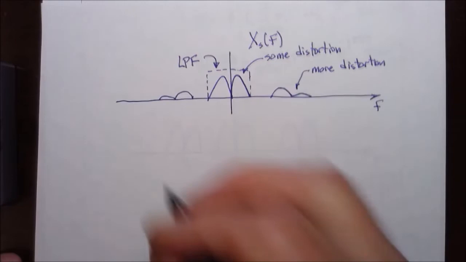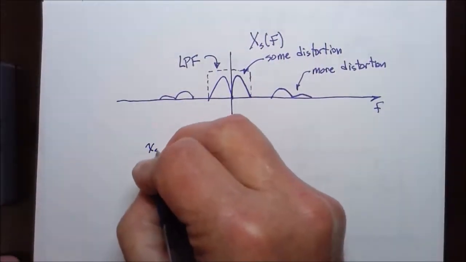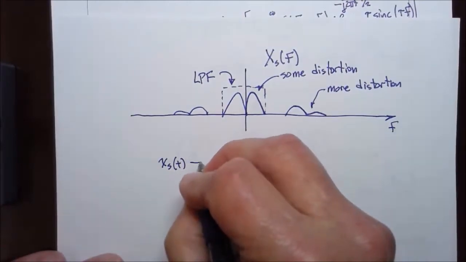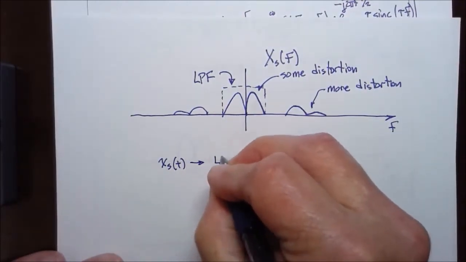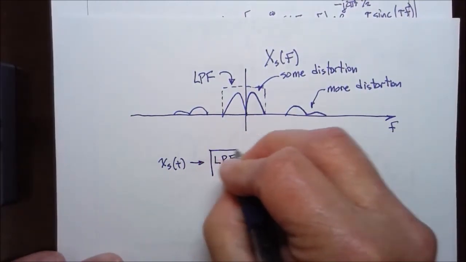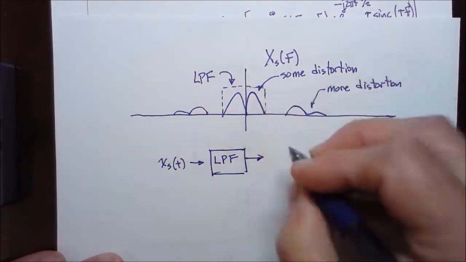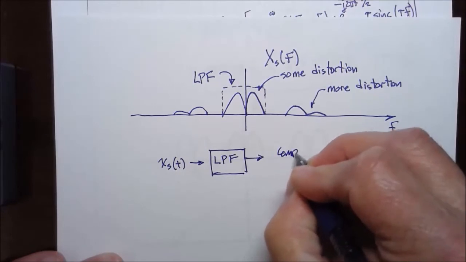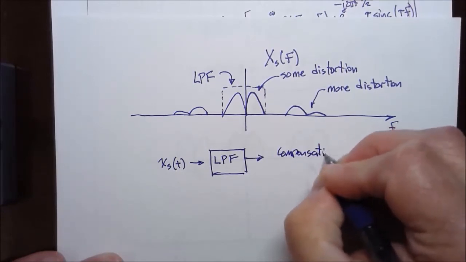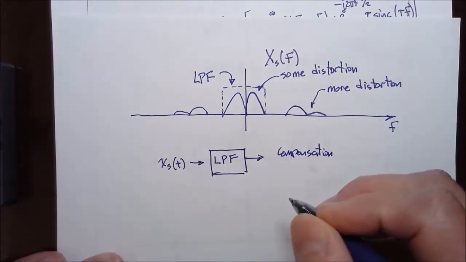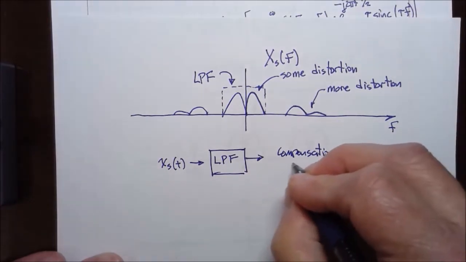So we're going to take the sampled signal into a low pass filter, and then a compensation filter, which would essentially be a high pass filter of some kind.